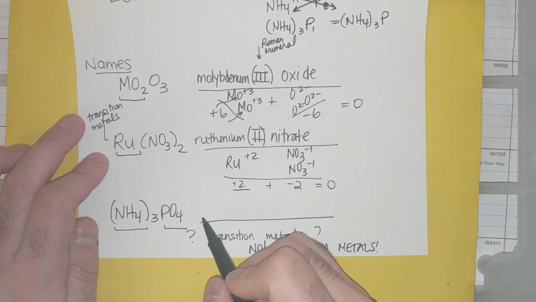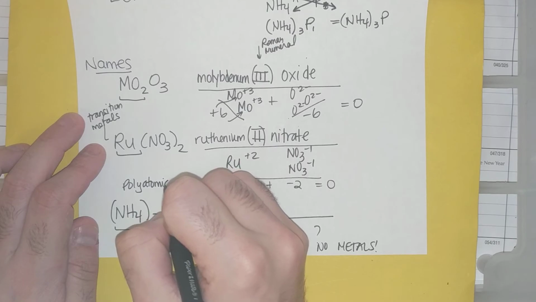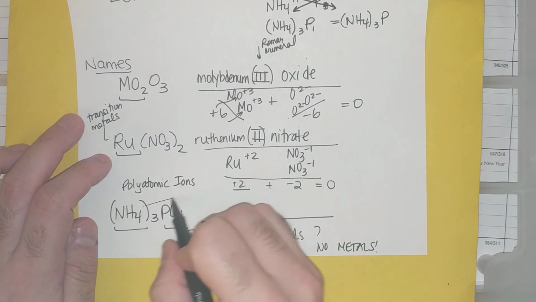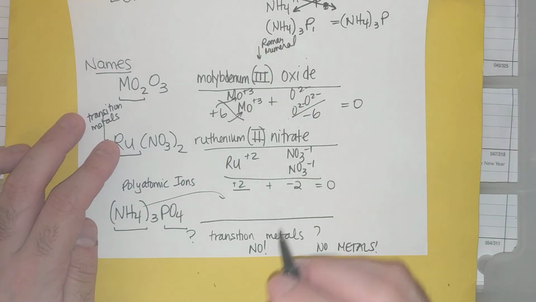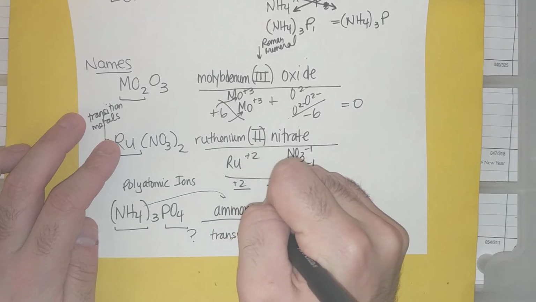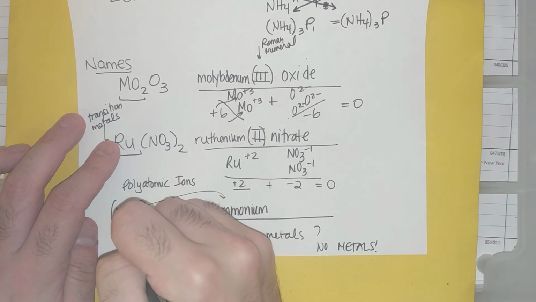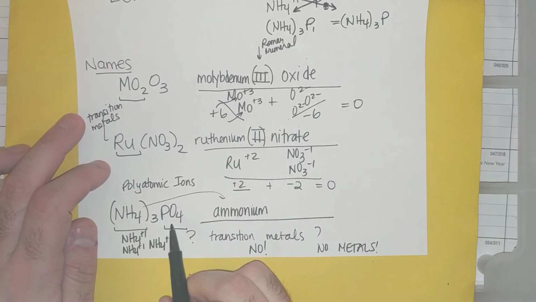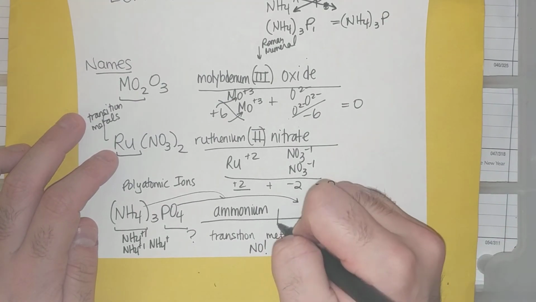But I know that these have ions because these are both polyatomic ions. And there's a lot of symbols in here. Now, the way I name NH4, and we did it up here, is ammonium. And it looks like there's 3 of them. Okay? And the way I name PO4 is phosphate.